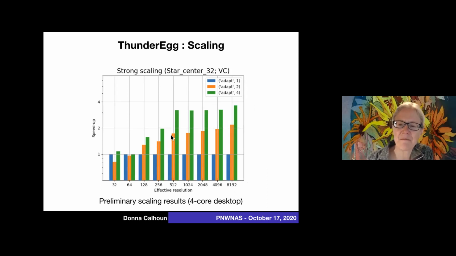And the same with a factor 2 speedup on 2 cores. So I think this is really promising. We want to test it on much higher core counts, and that's one of our next projects. That's pretty much where we're at.